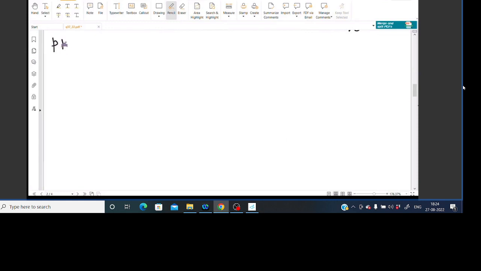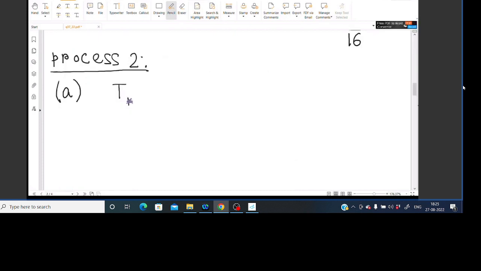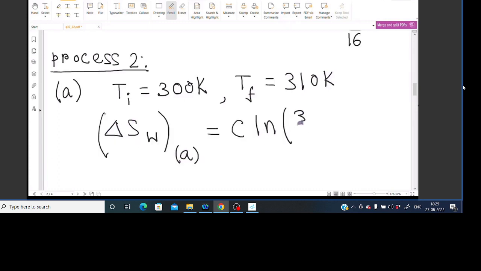Now let's consider process 2. In process 2, water is first brought in equilibrium with the reservoir at 310 Kelvin and then with the reservoir at 320 Kelvin. So there are two sub processes in process 2. For the first sub process, we have the initial temperature of water 300 Kelvin and the final temperature of water 310 Kelvin. So the change of entropy of water in A is equal to C log 310 by 300.